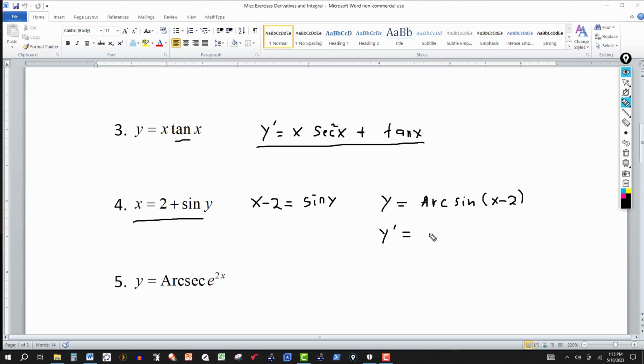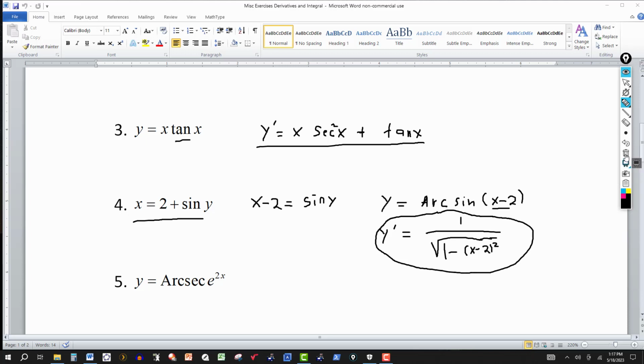And the formula is 1 over the square root of 1 minus, it's just like your u here. So it's the square root of 1 minus x minus 2 squared. And then of course it's the derivative of this expression here, but the derivative of x minus 2 is 1. So that will leave me with that. That's your derivative for that one.